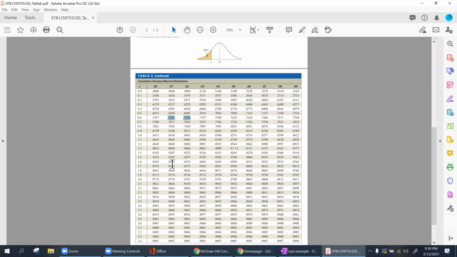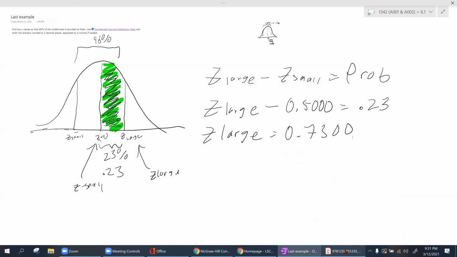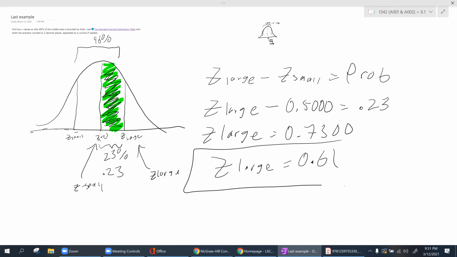Is it closer to 0.7324, or is it closer to 0.7291? I see that it's closer to the one on the left. It's 24 away from the right, but only 9 away from the left. So the z value I'm looking for is going to be 0.61. That's going to be the z to the right.